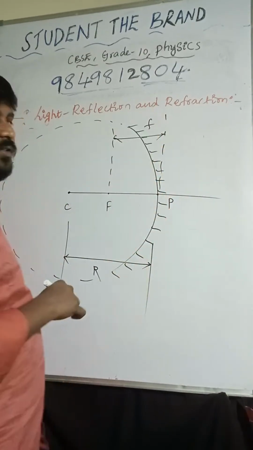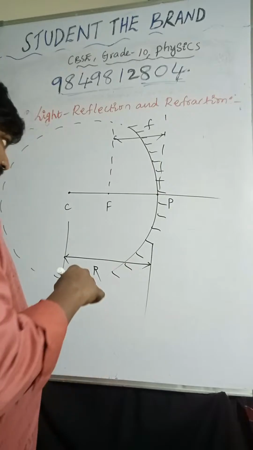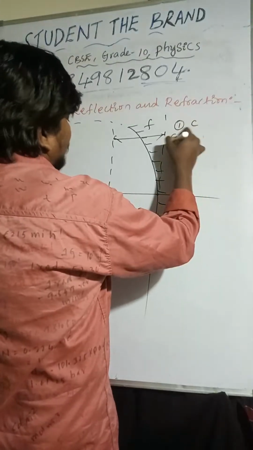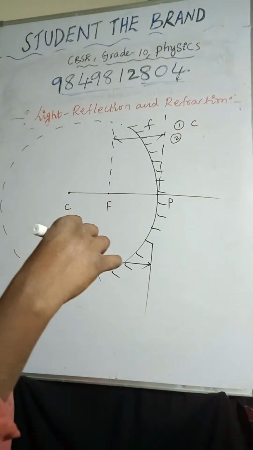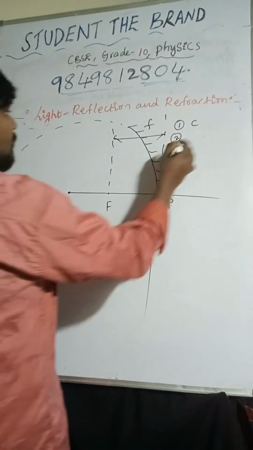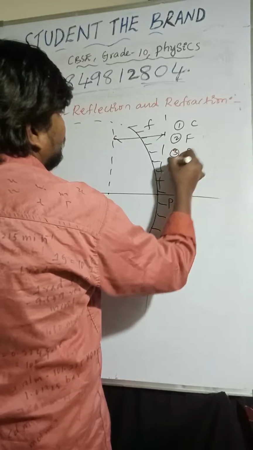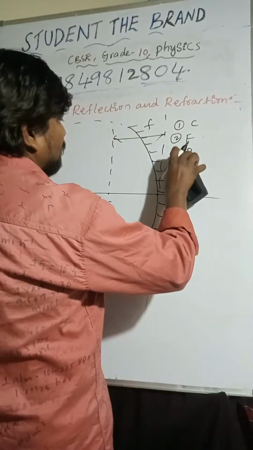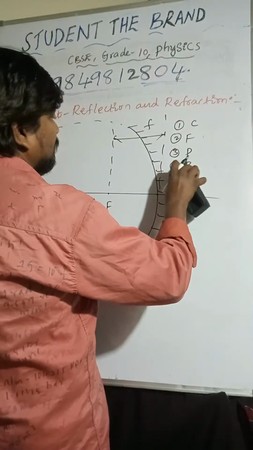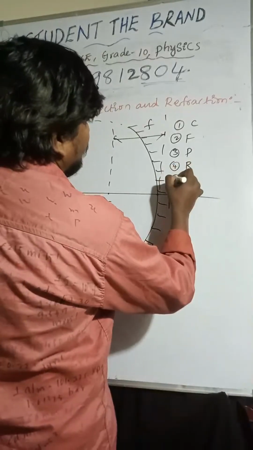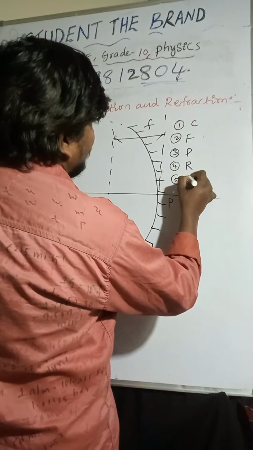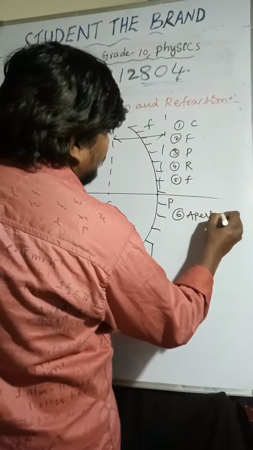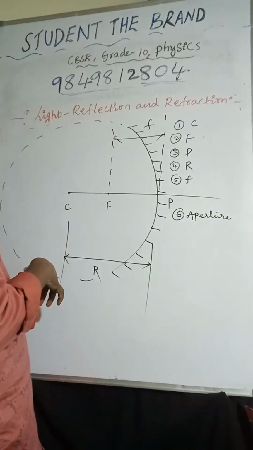The width of the mirror where reflection takes place is called the aperture. So: center of curvature, focus, pole, radius of curvature, focal length, aperture.